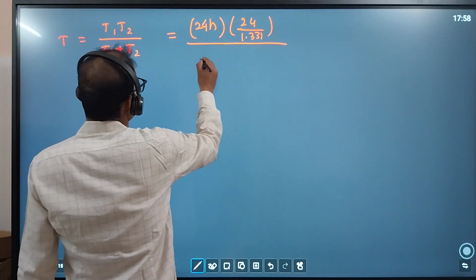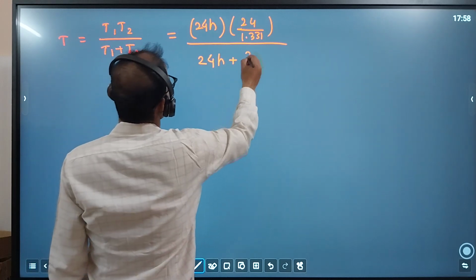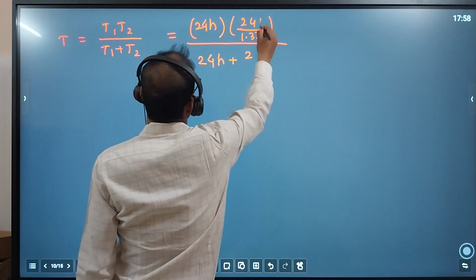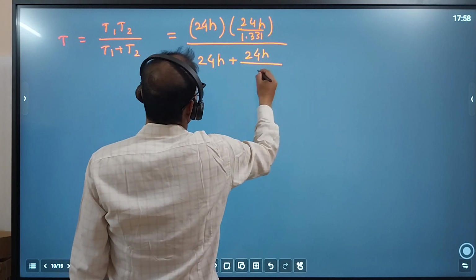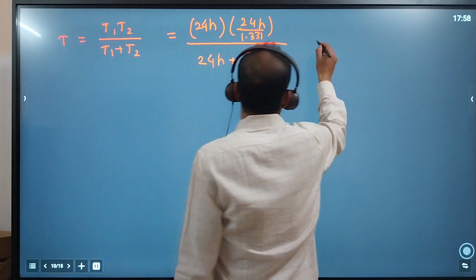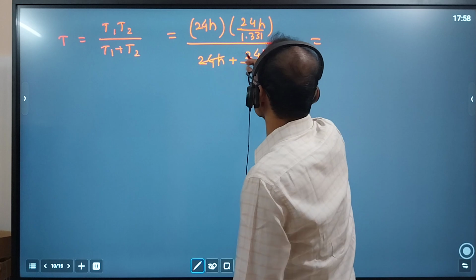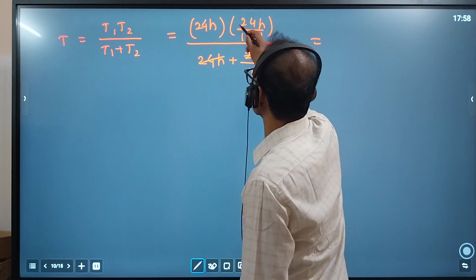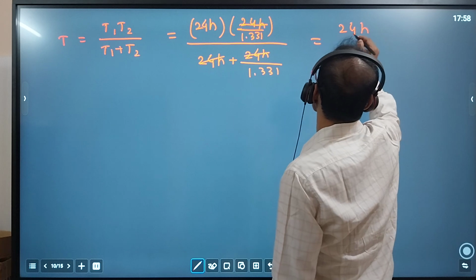So 24 hour plus 24 hour by 1.331. When you do this calculation, you can see that one of the 24 hour is gone, no need to write it.